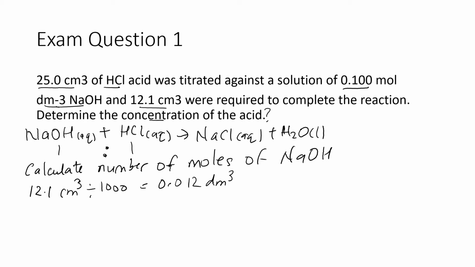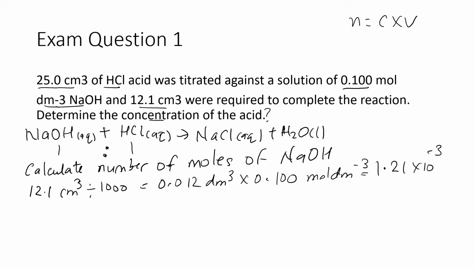And you know the concentration already. So if you look at the formula, number of moles is concentration times volume. So we know we changed the volume already. If we times by concentration, which is 0.100 moles per dm cube, that should give us our number of moles for sodium hydroxide, which is 1.21 times 10 to the minus 3 moles.